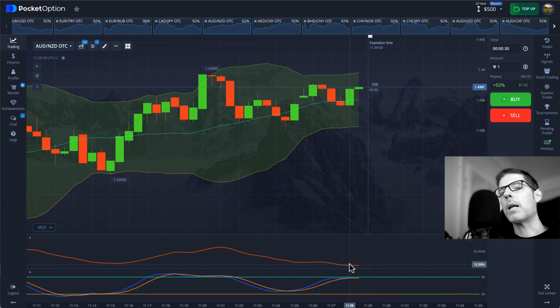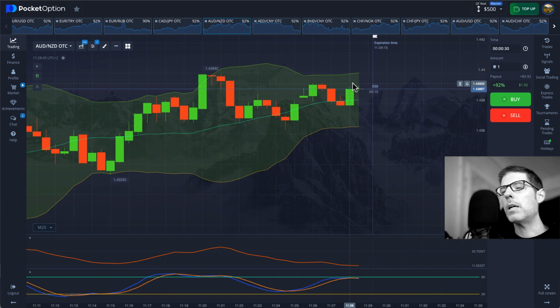Because if this is not below 20%, you really can't take the trade anyway. So even if everything looks great on the Bollinger Bands, you're breaking out at the top or the bottom of the Bollinger Bands, you still can't enter the trade because the other indicators are not lining up properly.